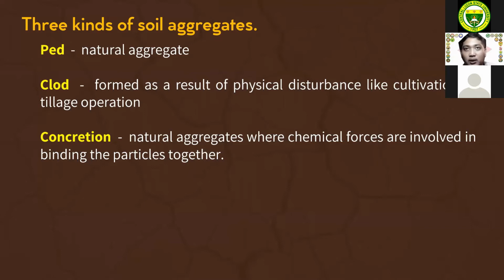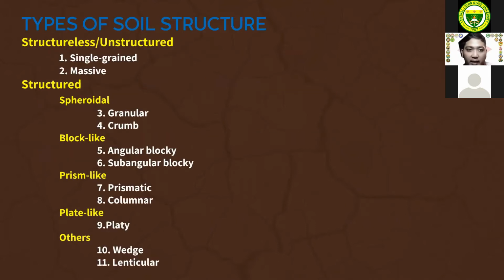Like for example, yung ating iron concretion, minsan may makakita tayo sa soil ng mga spots na red, yung mga iron concretions natin. Minsan makikita natin black concretions naman. These are what we call the manganese concretion. Yun yung mga nagsama-sama or nag-arrange na mga manganese, so they form a concretion. So that's the three kinds of soil aggregates.